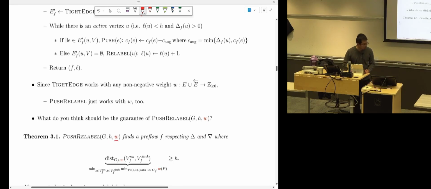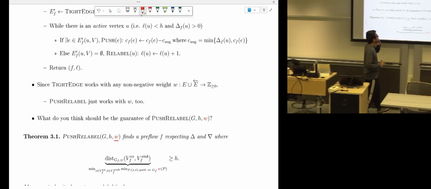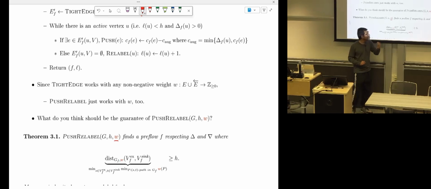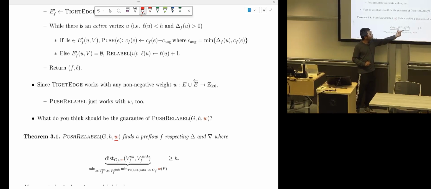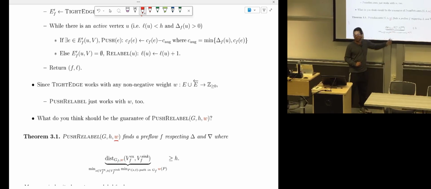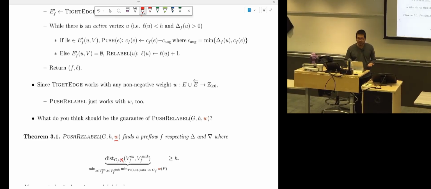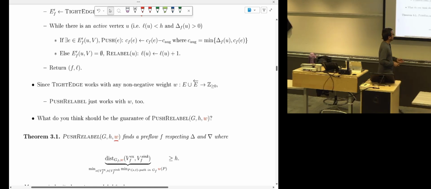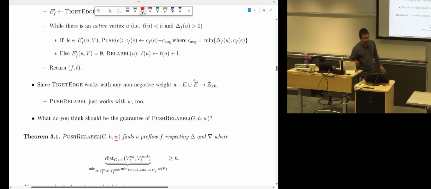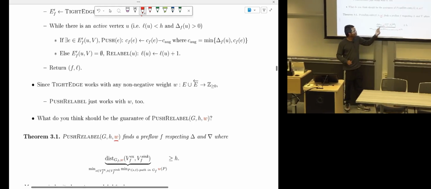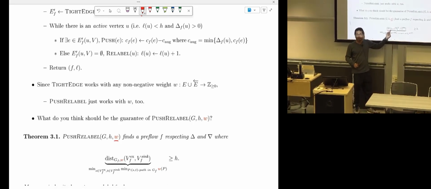We just find a preflow respecting the source and sink, such that this thing is big. We used to have that this is the all-one weight. But here, the distance from excess to sink in the residual graph with respect to this weight is big.